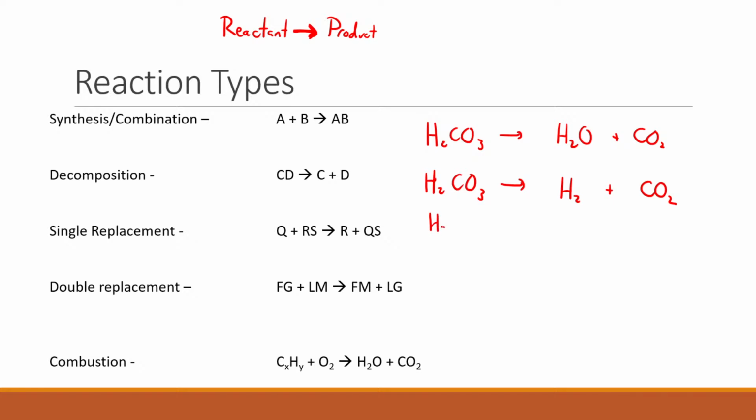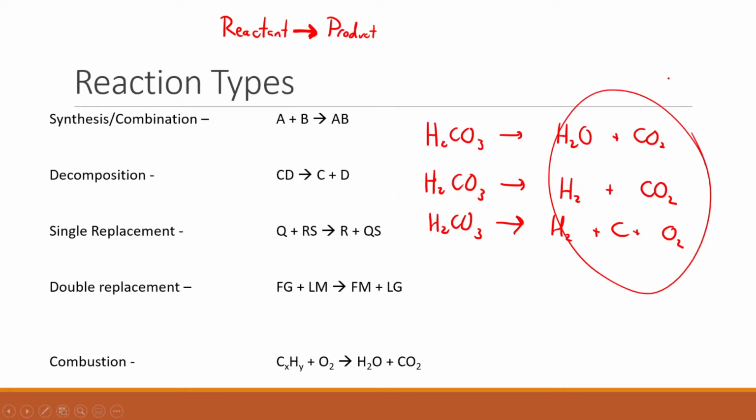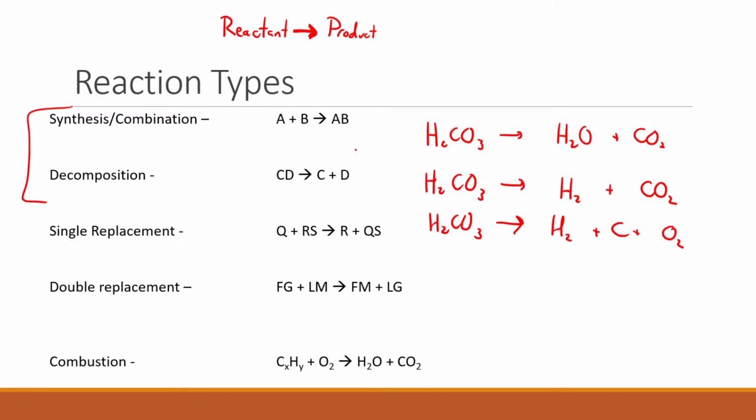You can have it just breaking down into elements on its own. As long as you start with one reactant and end with multiple products, you have a decomposition reaction. And those are our two simplest reaction types, right? Either a bunch of things make one product, or one reactant makes a bunch of products.